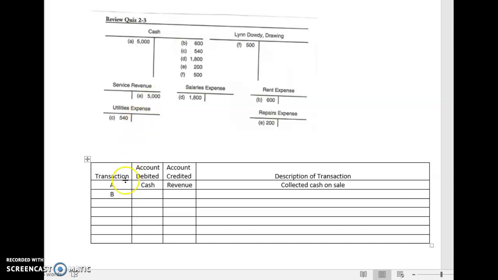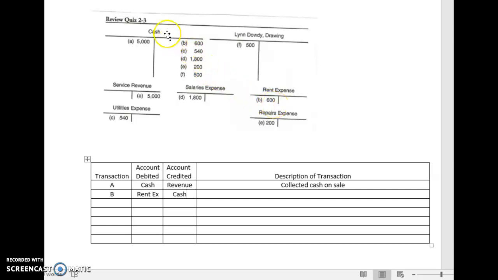Okay? So now transaction B, let's look at it again. Let's find our debit first. Rent expense was our debit. So I'm going to say rent expense, and I'm going to abbreviate there. And then my credit was cash. And I'm going to go back and look at this transaction, because an expense has a normal debit balance, so I'm increasing rent.